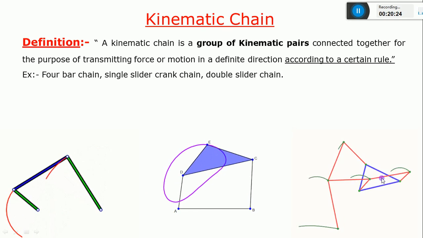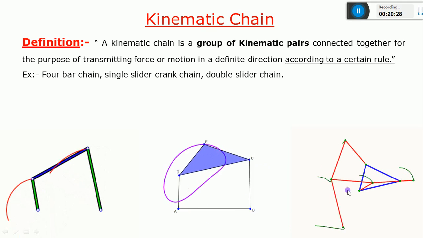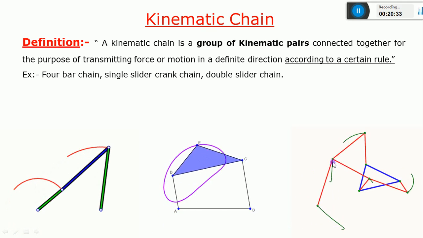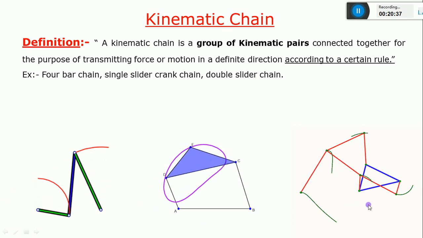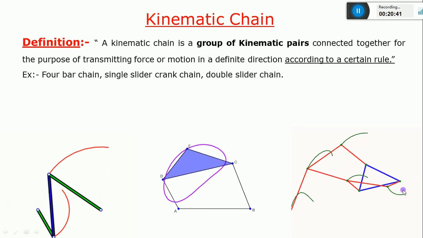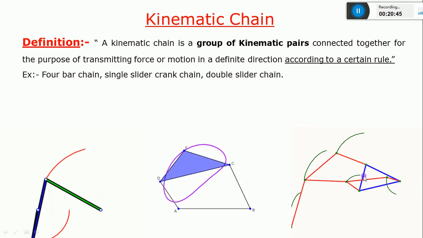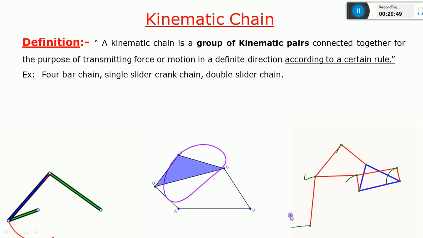And here also you can see there is a group of so many kinematic pairs, and you just consider any point on any link, always they will follow a certain path. So this is having a rotary motion. You can see this one is a rotary motion, and this is oscillatory, this is also oscillatory, this is also a combination of both.